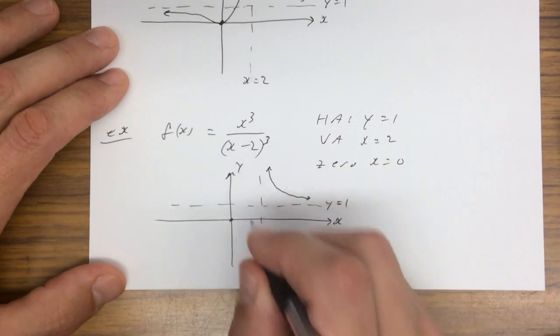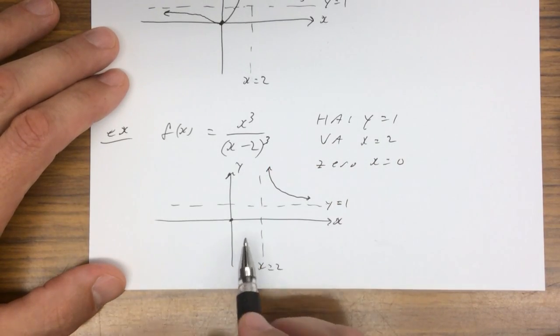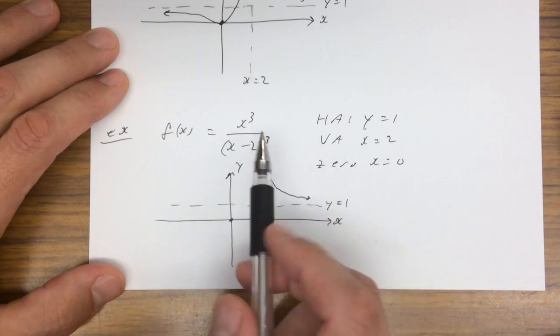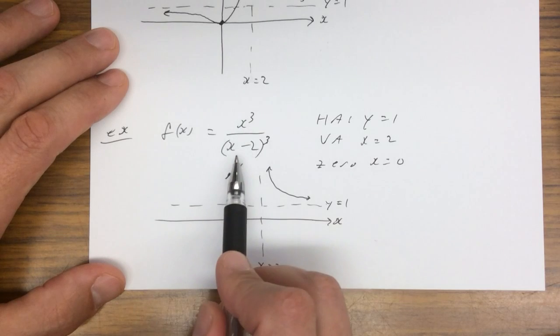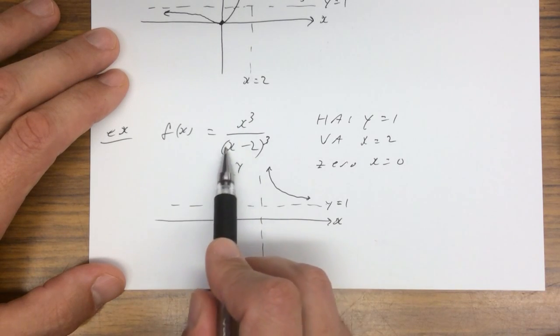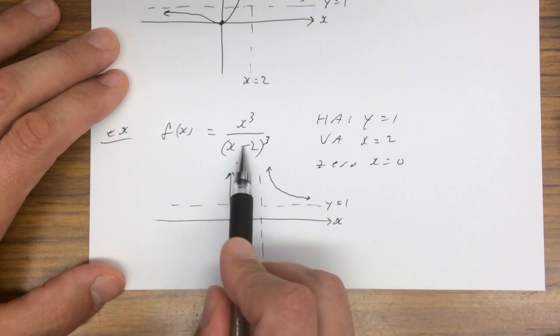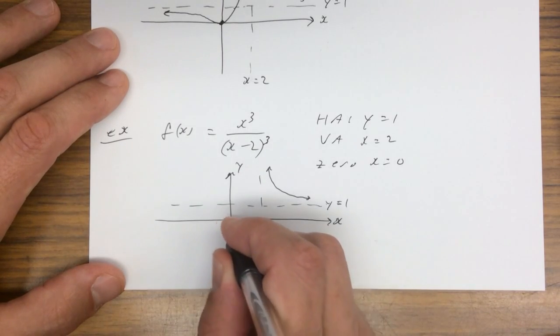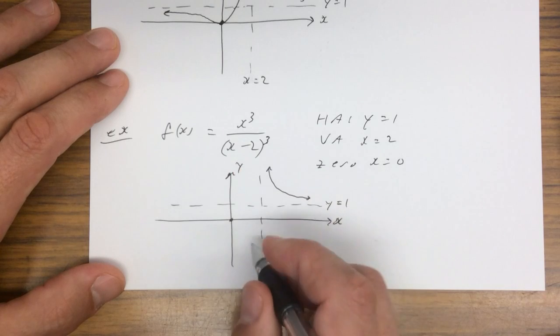We've got this point here, and now the numbers between 0 and 2 are positive on the top when you cube them, but the bottom is going to be negative, because negative numbers cubed are negative. So it's going to come here again, but it's going to go through here with a cubic twist.